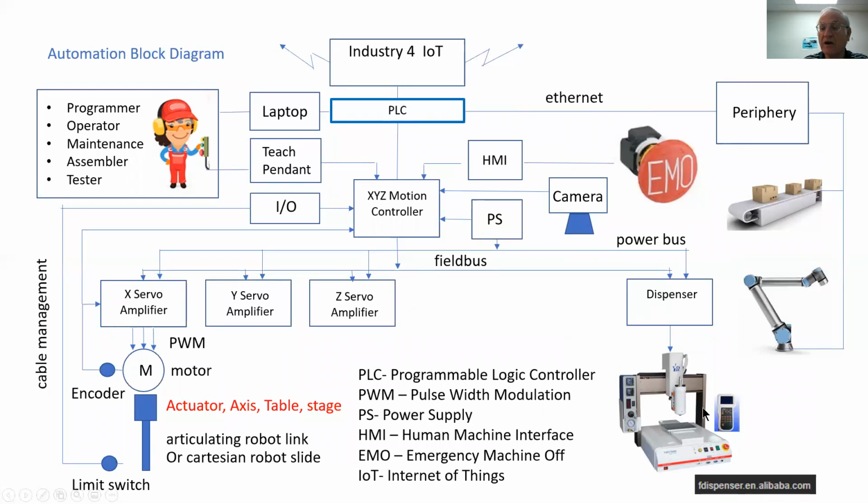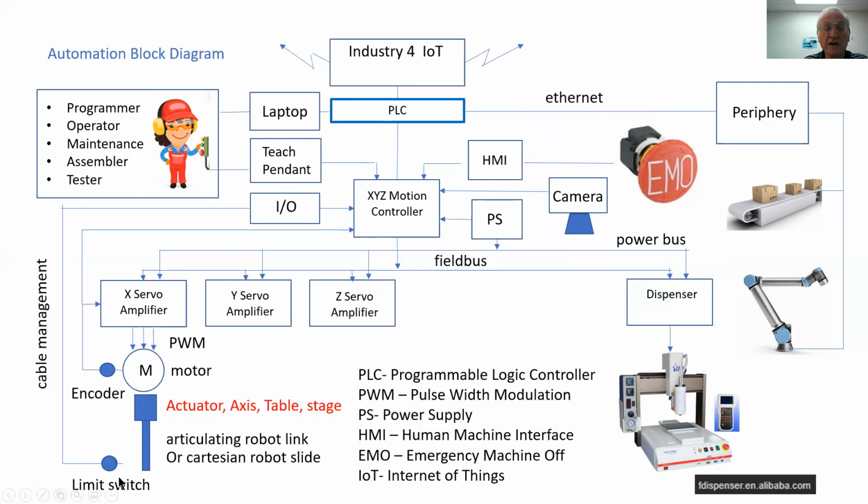We have here an XYZ dispensing system, which is controlled by a motion controller through a field bus. Each one of these actuators or axes is controlled by a servo amplifier, which drives a motor with PWM.